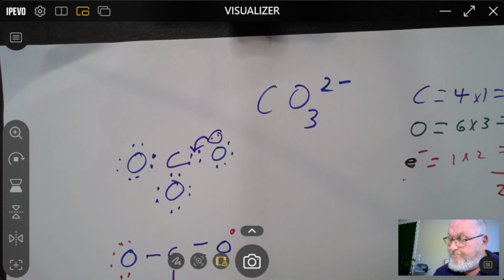We do. But let's see why this is 2 minus. Oxygen has 8 protons.